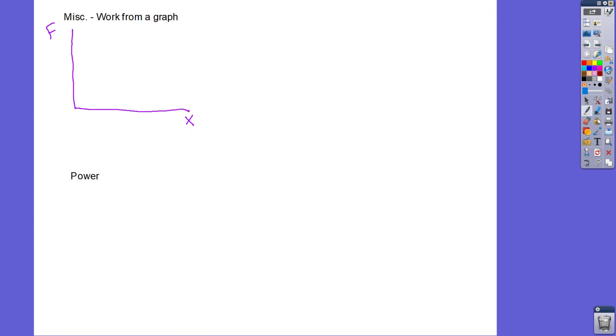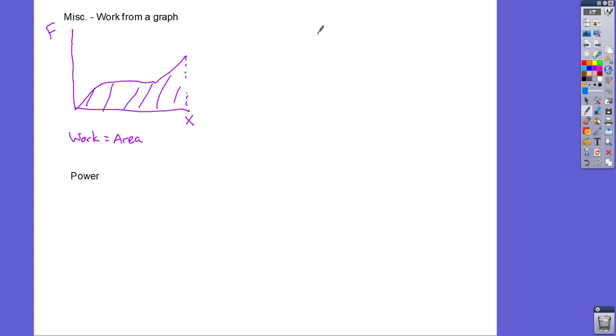So if we have a force that's not constant, if it changes over this, so if we have something like this, and we want to know how much work was done on the object, remember that the work is equal to the area. So if we have rectangles and triangles, we can easily calculate the area.